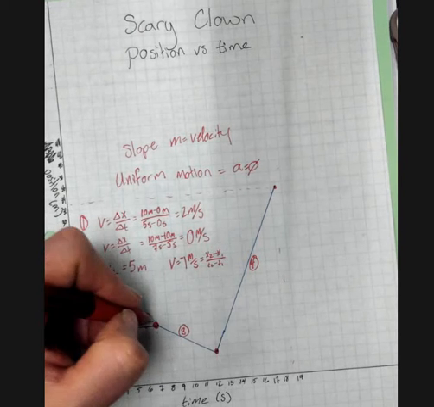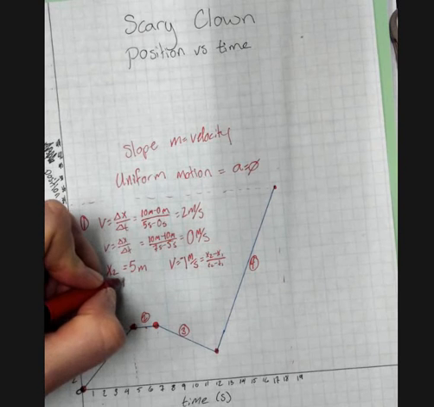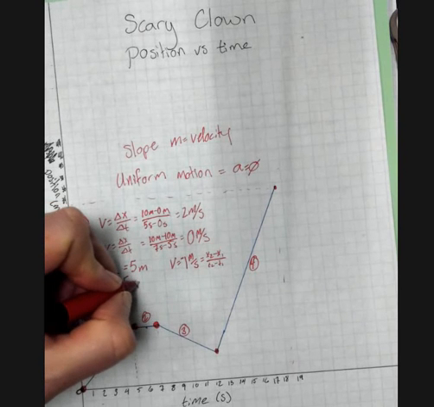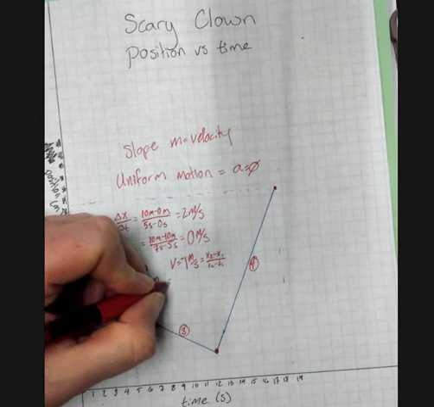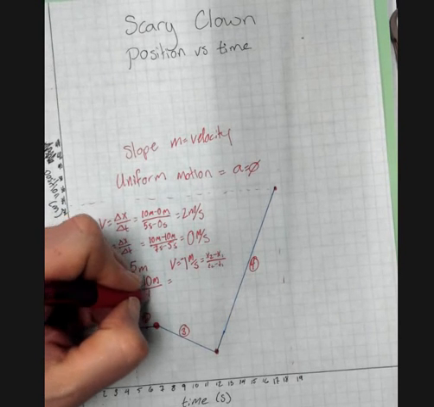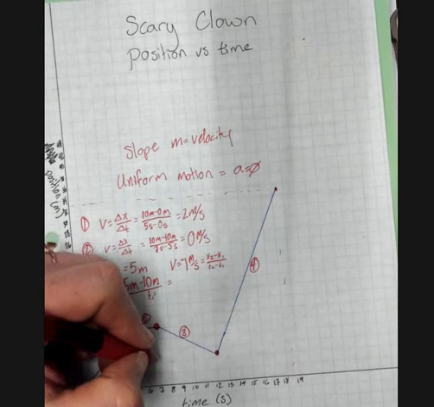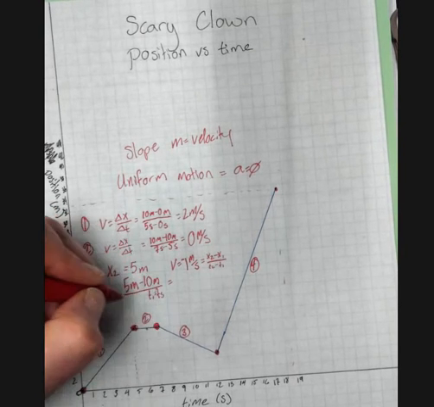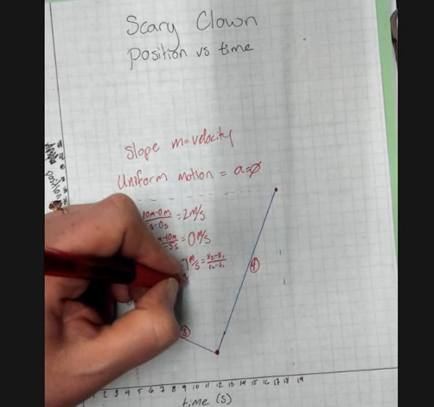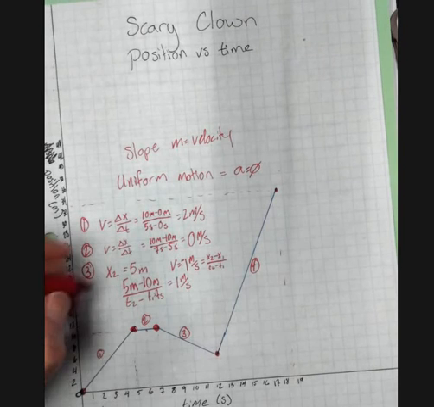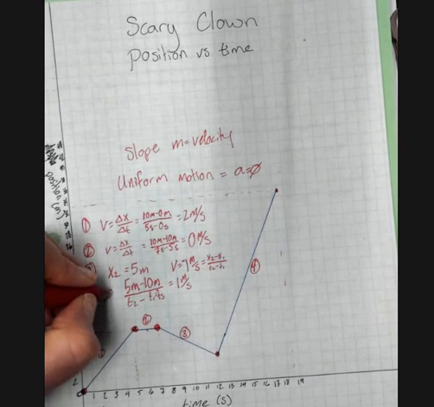His initial position was 10 meters, so we could say final position 5 meters minus initial position 10 meters, and that equaled our initial time, t1, was 7 seconds. We can find our t2 because our velocity is 1 meter per second. So when we solve for t2, we got 12 seconds.